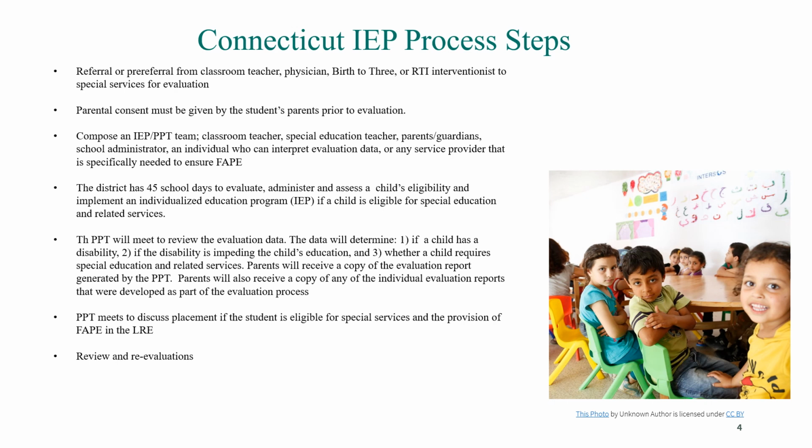If the child is pulled out for specific instruction, how often, how long will they be pulled out, and with whom will they be working. And there will also be evaluations within that small group instruction.